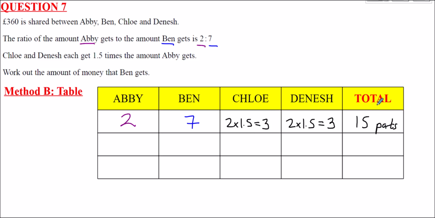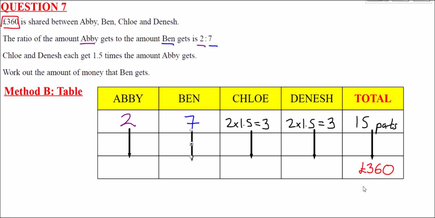But the actual total amount of money, we were told at the beginning of the question, it's actually £360. So we need to scale this up from 15 up to 360. So what can we multiply 15 by to get up to 360? Well, we can work this out by simply dividing 360 by 15.